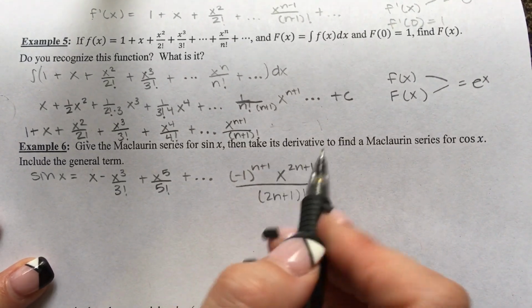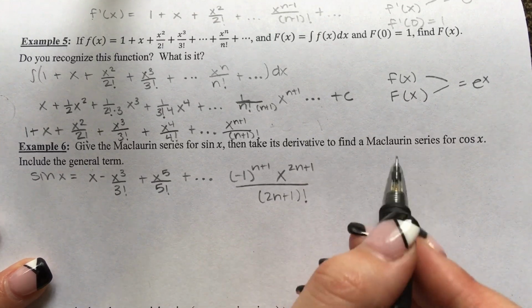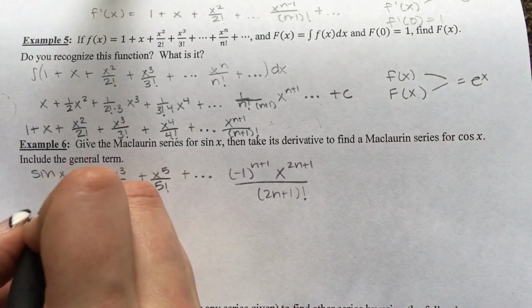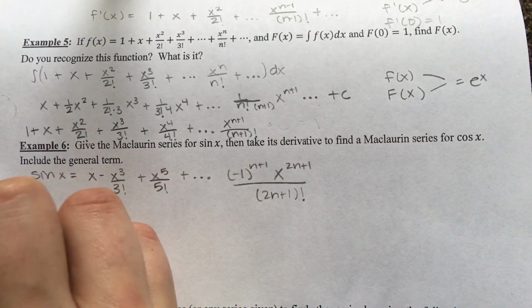And then it says to take its derivative, and you'll see that it's the Maclaurin series for cos. So I'm going to say the derivative of sine.